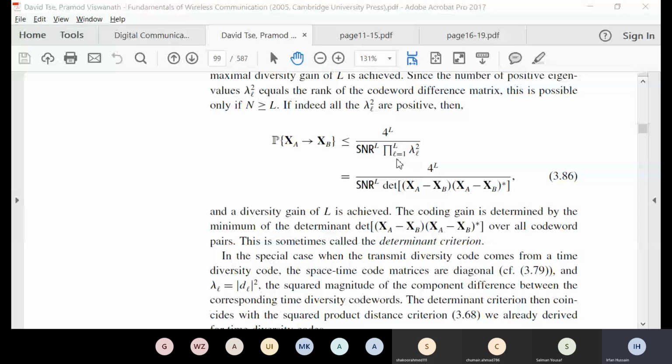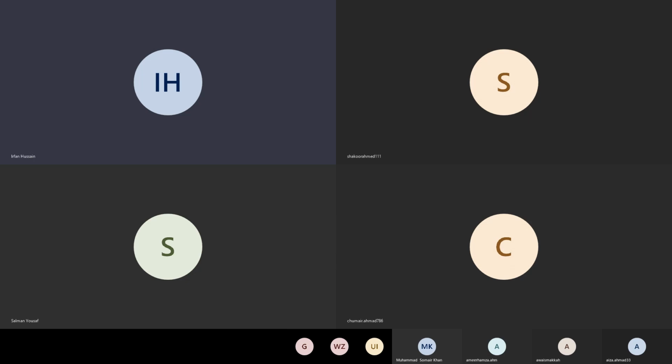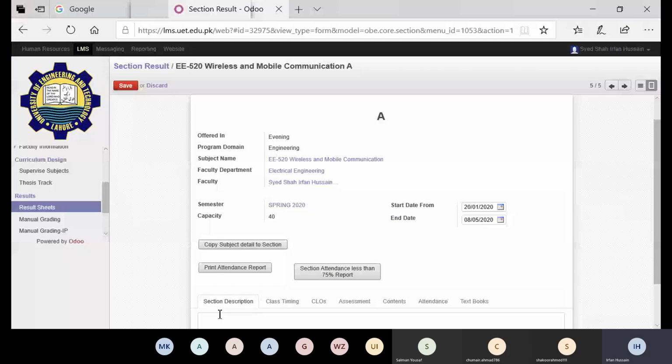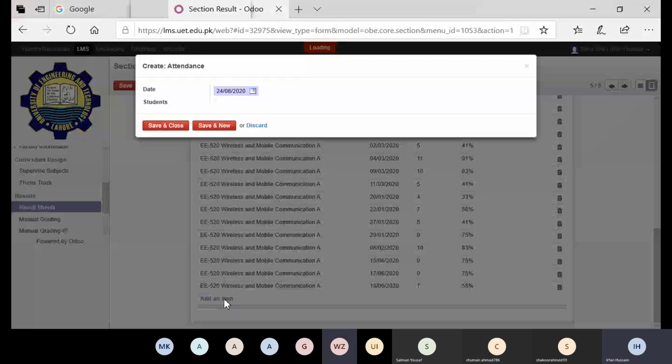I will share the screen now for attendance. So I think you can all see the attendance in front of you. Already I'm taking the attendance.